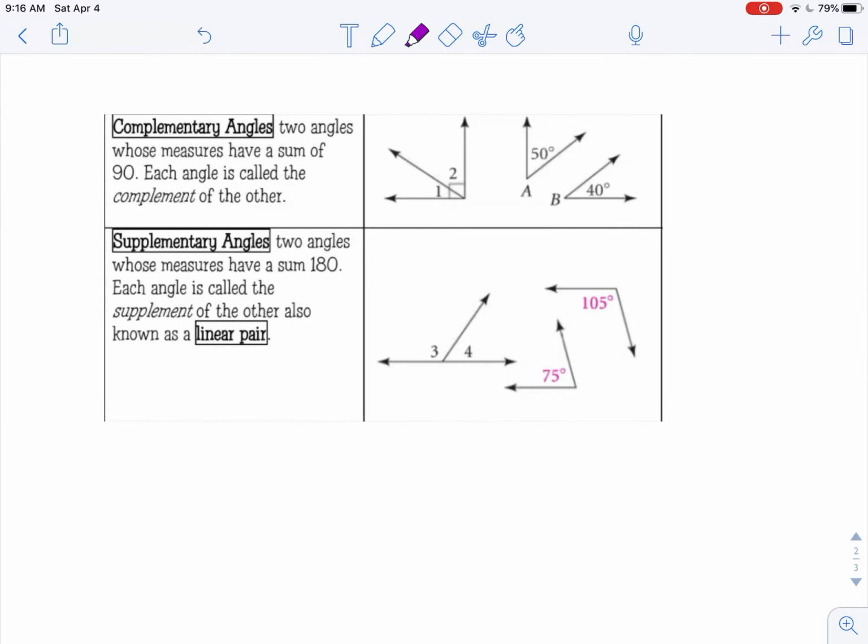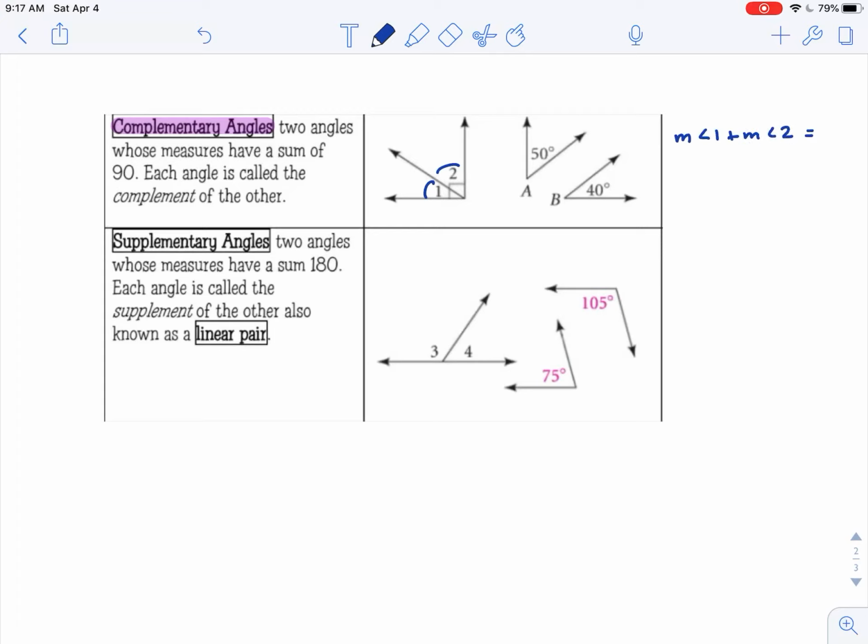Okay, and the last two angles we're going to look at: complementary angles. Two angles whose measures have a sum of 90 degrees. Each angle is called a complement of the other. So we have angle 1 and we have angle 2.